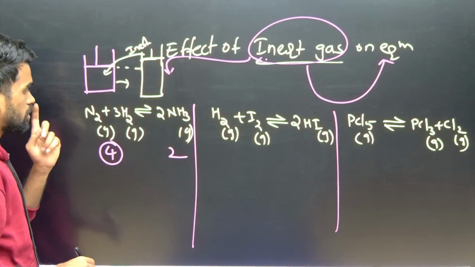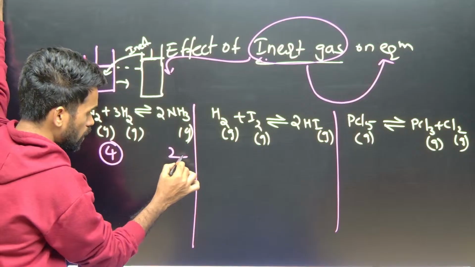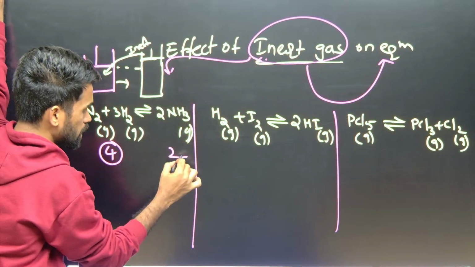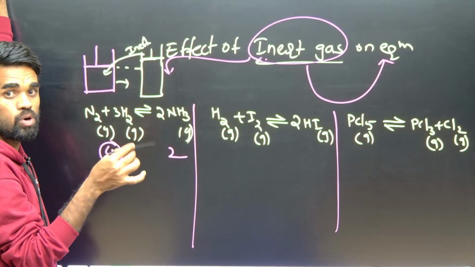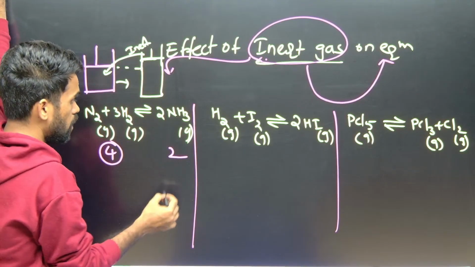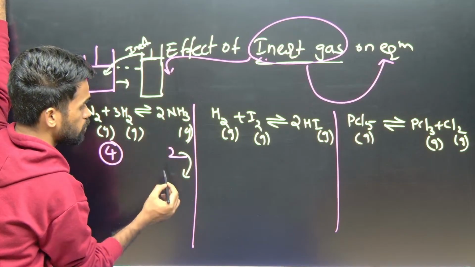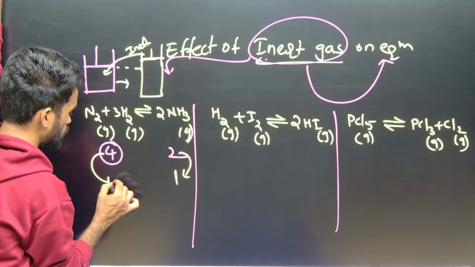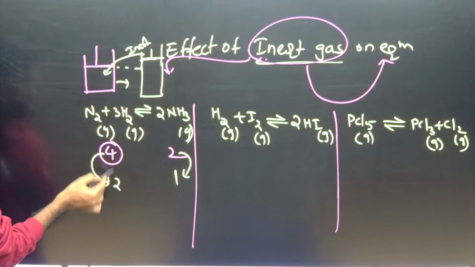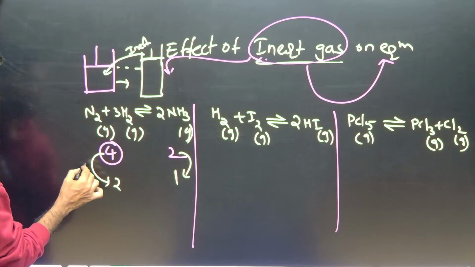Here also you can understand, upon adding inert gas, if the volume is increased twice, or I can say the number of gaseous particles in unit volume decreases by half, then 4 becomes 2 and 2 becomes 1. So what is the decrement here? 2 particles.